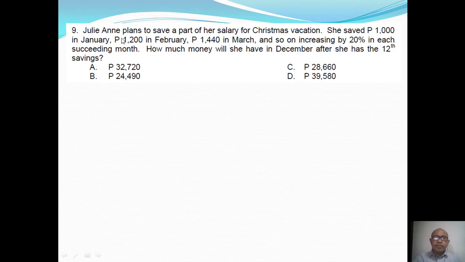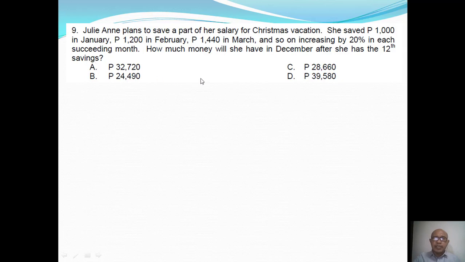Next problem. Julianne plans to save a part of her salary for Christmas vacation. She saved 1,000 in January, 1,200 in February, 1,440 in March, and so on, increasing by 20% in each succeeding month. How much money will she have in December after she has made the last 12 savings?